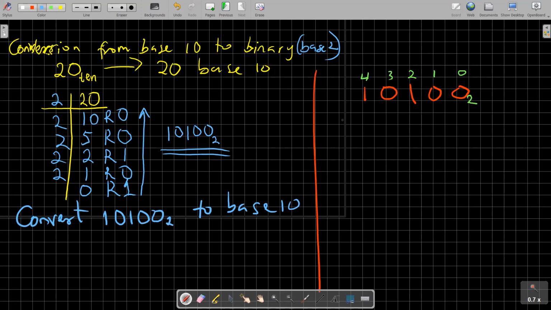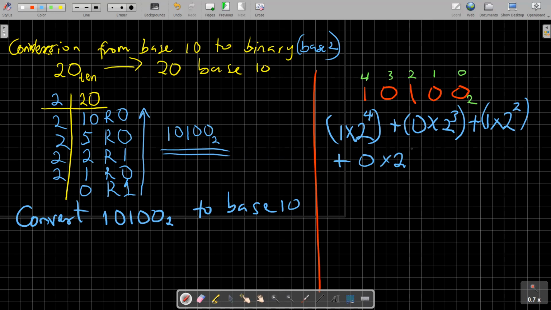Let's go back. 1 times 2 raised to the power of 4 plus 0 times 2 raised to the power of 3 plus 1 times 2 raised to the power of 2 plus 0 times 2 raised to the power of 1 plus 0 times 2 raised to the power of 0.